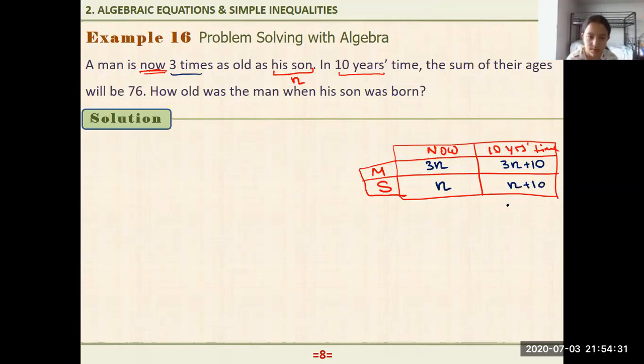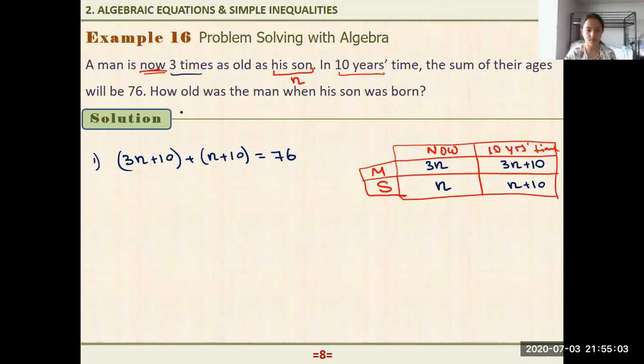It says that in 10 years' time, the sum of their ages will be 76. So the man's age is 3n plus 10, plus the son's age, n plus 10, equal to 76. That's our equation.